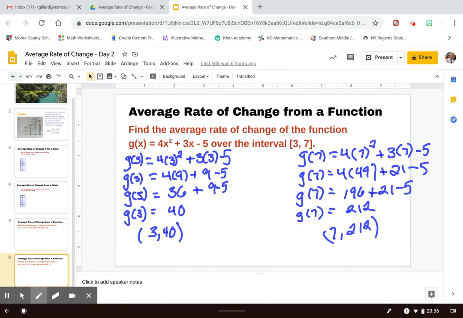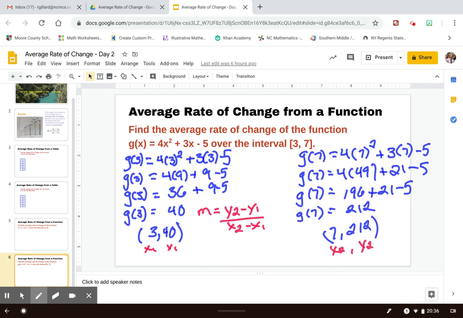Now, same thing. To find my average rate of change, I'm going to take both of these and plug them into my slope formula. So my slope formula is m equals y2 minus y1 over x2 minus x1. All right, so again, we'll let this be x1 and this be y1, x2 and y2.